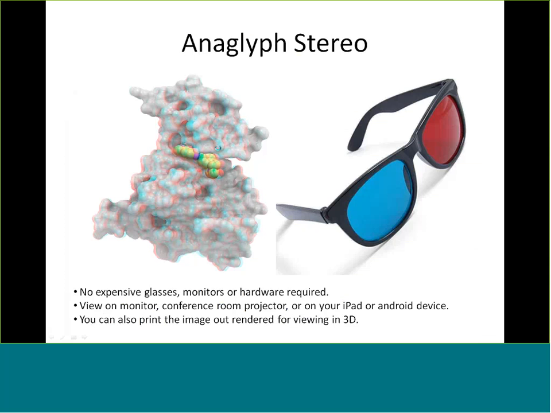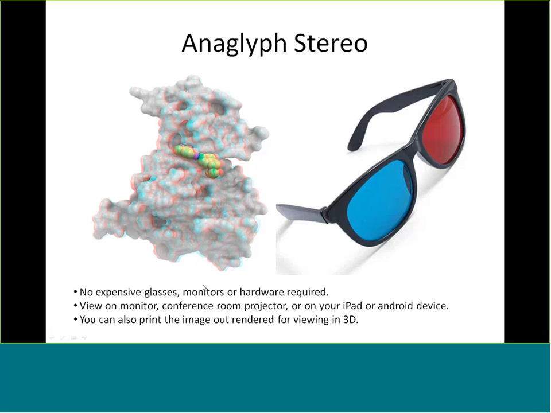So we'll just start with some slides to introduce the concepts we're going to show. The first one is Anaglyph Stereo. So now there's just a single button you can press, which will activate the stereo. All you need is a cheap pair of red and cyan glasses, which is less than $10.